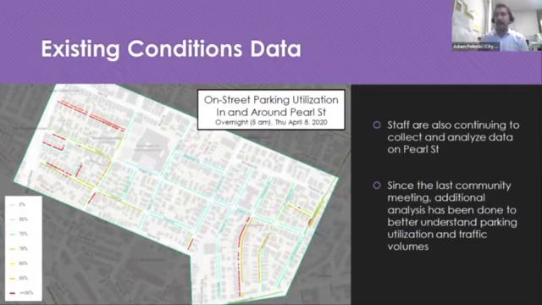For a little bit of additional clarity on what you're looking at, the red, orange, and darker green lines on the map show where parking is particularly highly utilized in that overnight time period where we collected data, and the lighter blue colors indicate that there are a number of open spaces on those blocks. And so what you can see here is that there is no uniform trend across the study area.